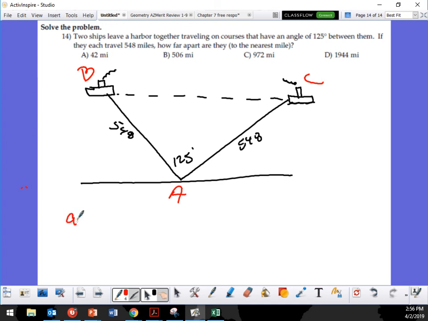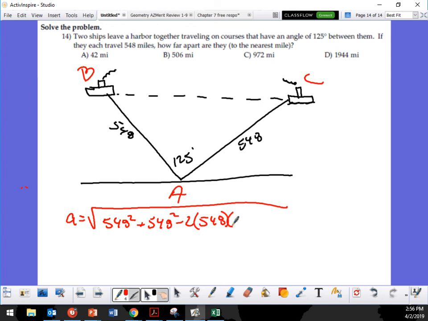So little a equals the square root of 548 squared plus 548 squared minus 2 times 548 times 548 times cosine of 125 degrees.